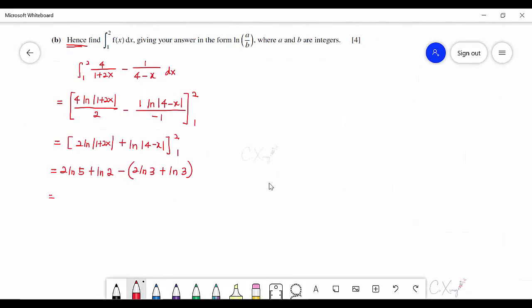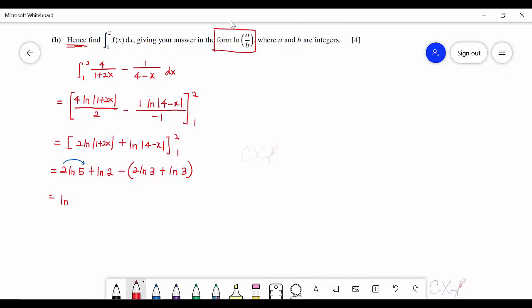Okay, let us have a look at the final answer that you require again. They want us to have our final answer in this pattern, ln a over b. So that means they want the answer in a single logarithmic function, a single ln function. Therefore, if I want to put everything in a single ln function, generally I need to move all the numbers in front to become powers before I can combine all the ln, right?